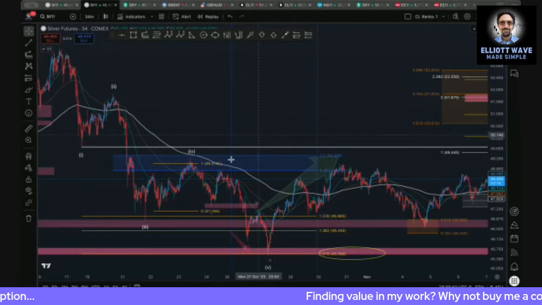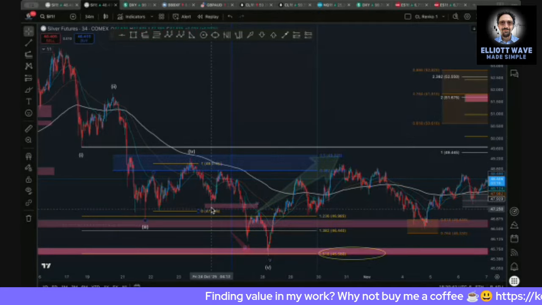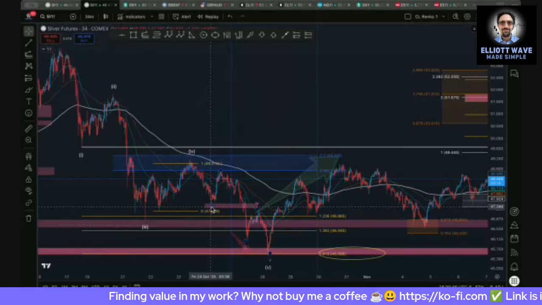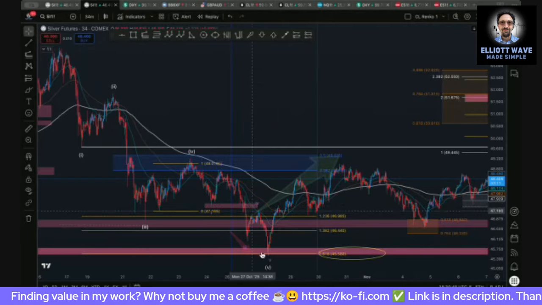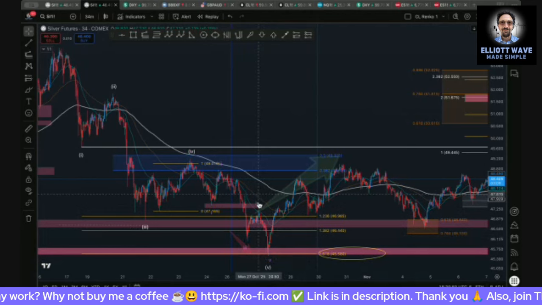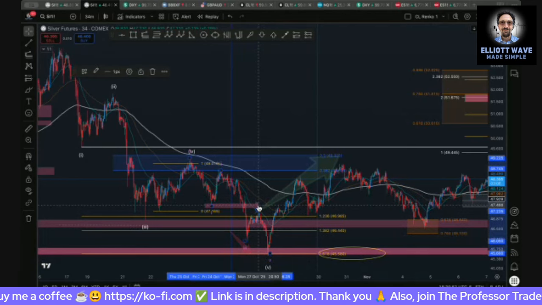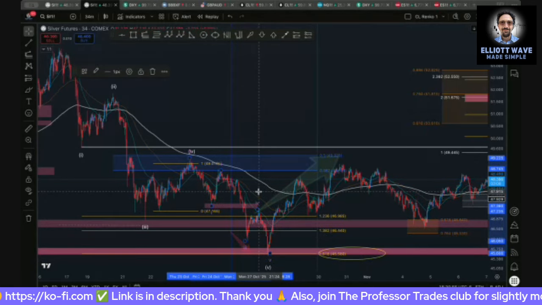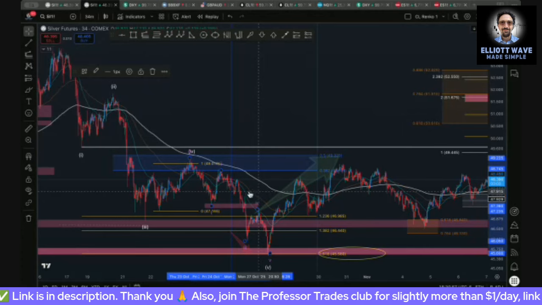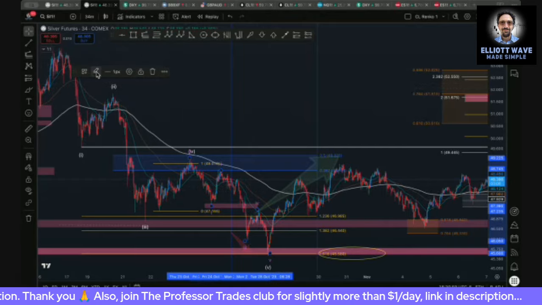And the same rules apply. So if this is wave 1 right here, then in purple, let me see if I can make this brighter. In purple, the wave 4 should not encroach upon the price territory of purple wave 1.